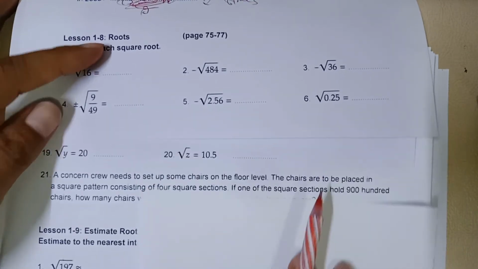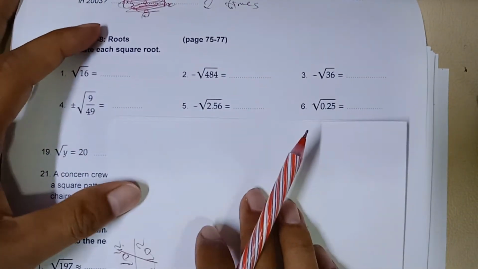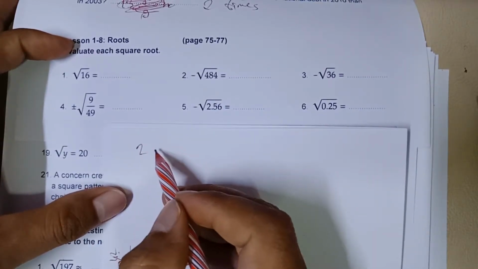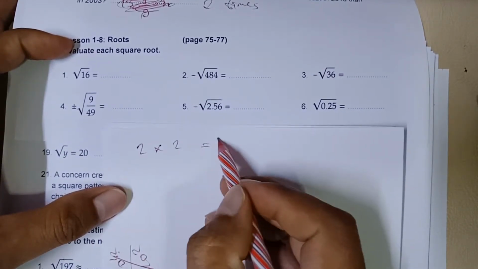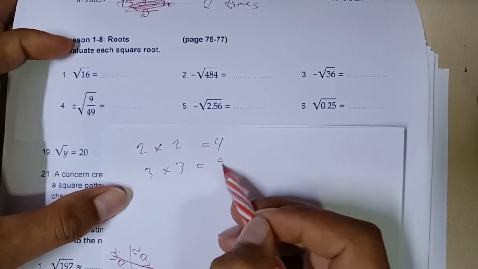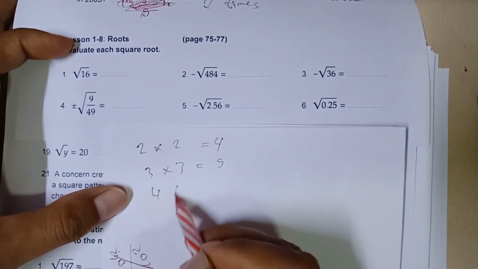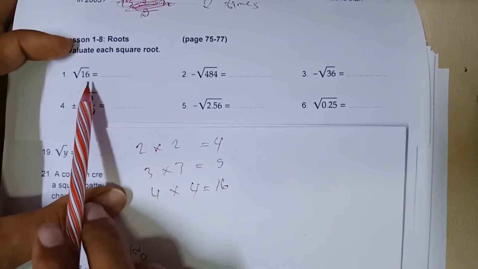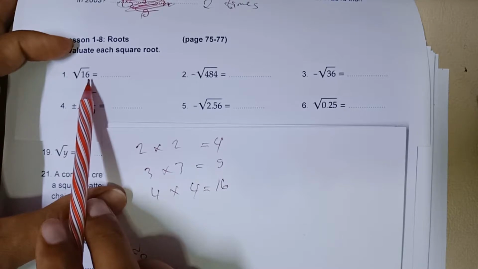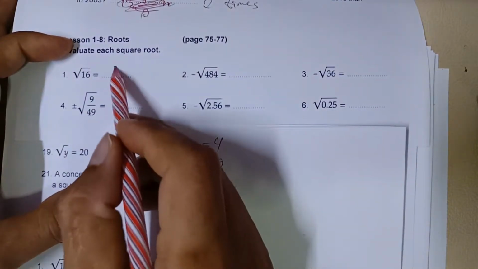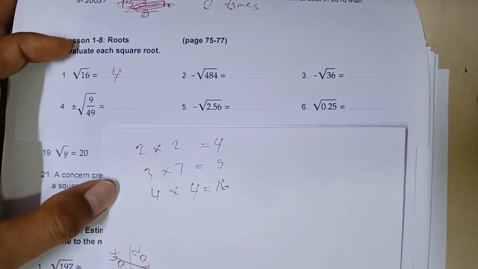If you have 3, 3 times 3 is 9. If you have 4, 4 times 4 is 16. So the root of 16 will give you 4. That's how you find the root.